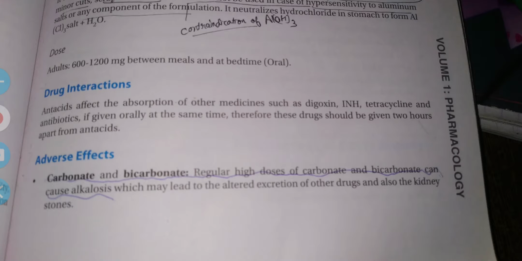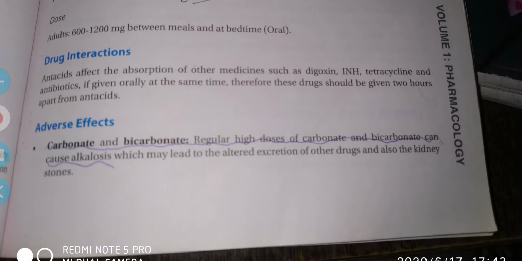Then adverse effects. Adverse effects of carbonate and bicarbonate: regular high doses can cause alkalosis, which may lead to altered excretion of other drugs and also kidney stones. So if high doses of carbonate and bicarbonate are given, they may lead to kidney stone formation.